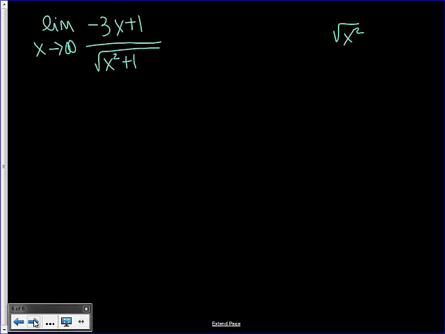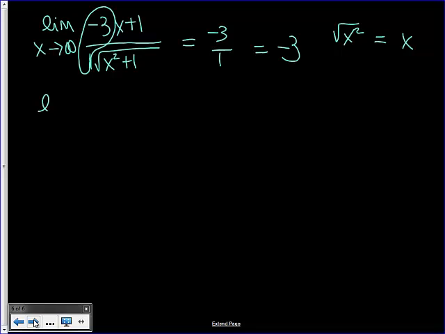The square root of x squared, we can assume that that's x, correct? Alright, so my degrees are equal. Therefore, I'm going to use the coefficients of both of these. My coefficient from my square root is 1. My coefficient in front of my x on top is negative 3. So it's my numbers divided by each other, negative 3 over 1, which is just negative 3. And that's my answer.